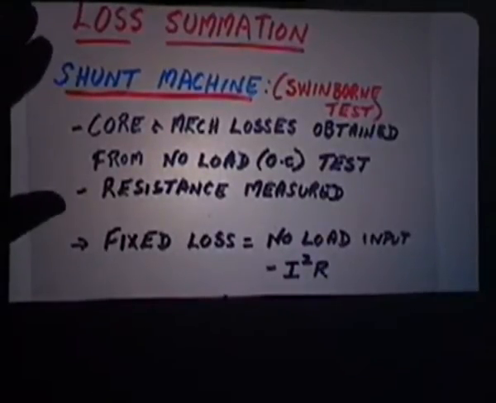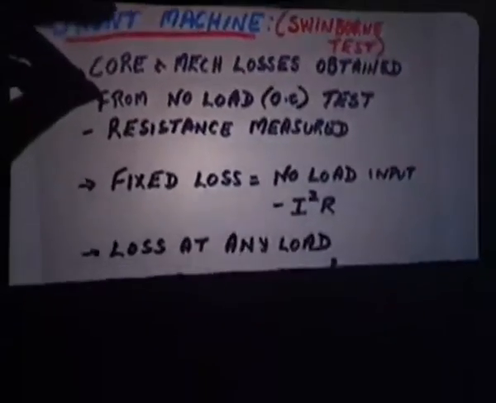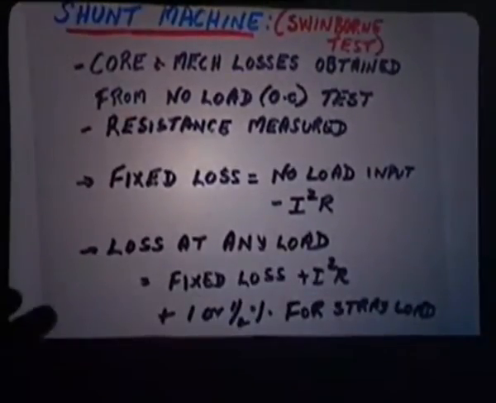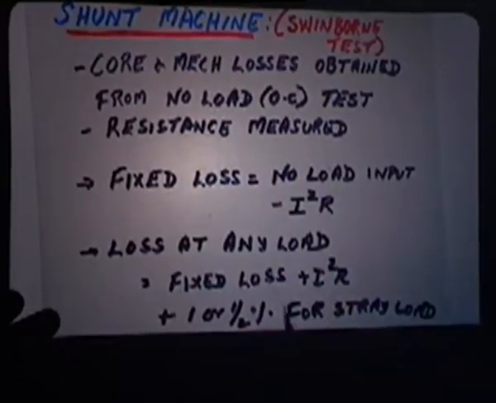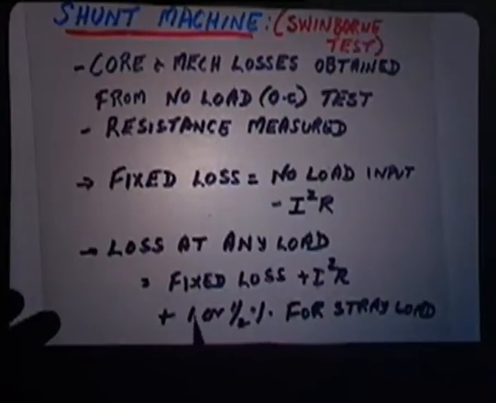In this Swinburne test, if you want to know the loss at any other load, the loss will be equal to the fixed loss which you estimated earlier, plus the I square R loss corresponding to the load current, that is the armature resistance loss, plus about 1 to 1.5% for stray load losses.